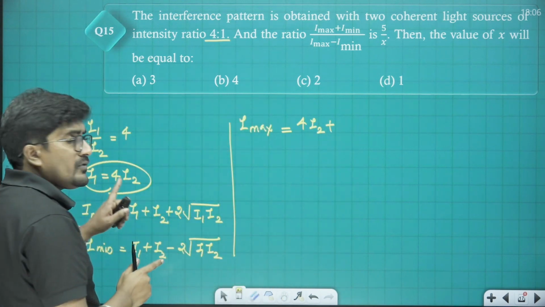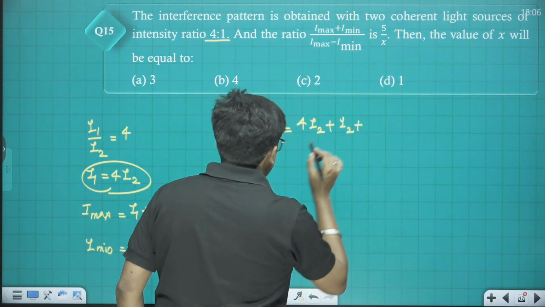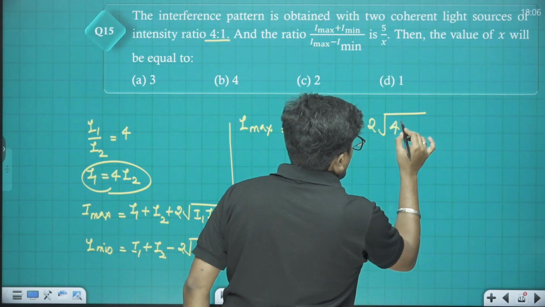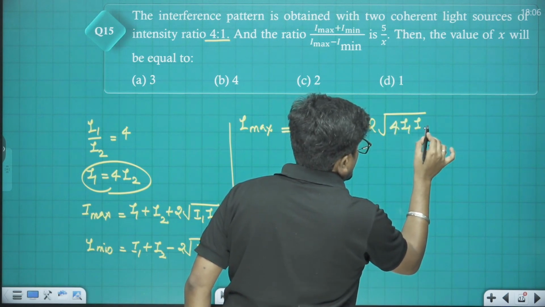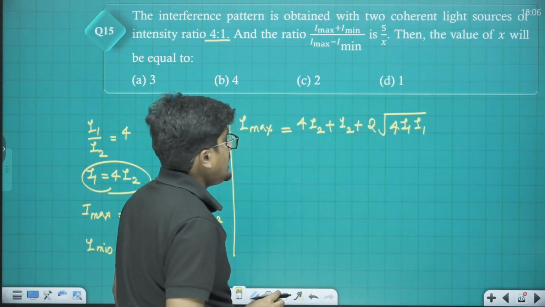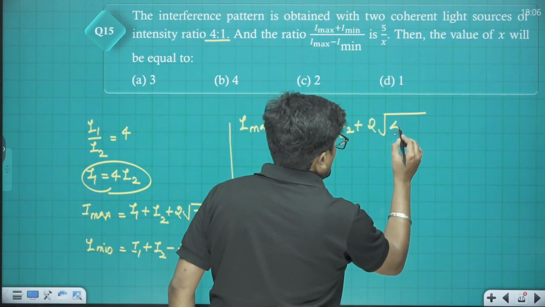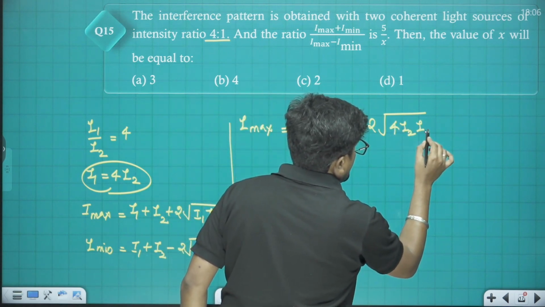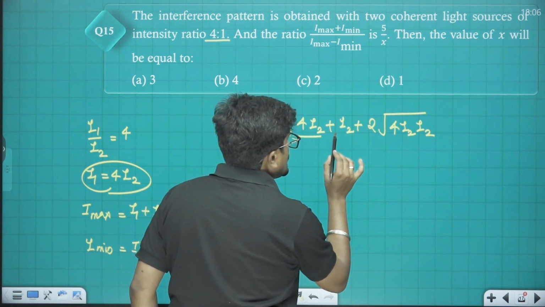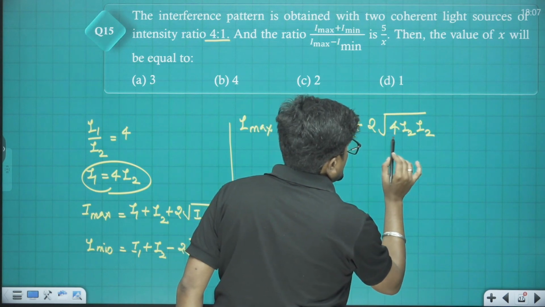I'm replacing I1 with 4 times I2, plus I2 plus 2 into root of 4 times I2 into I2. Sorry, it's 4 times I2 into I2. So here this is 4I2 plus I2, this is 5I2.